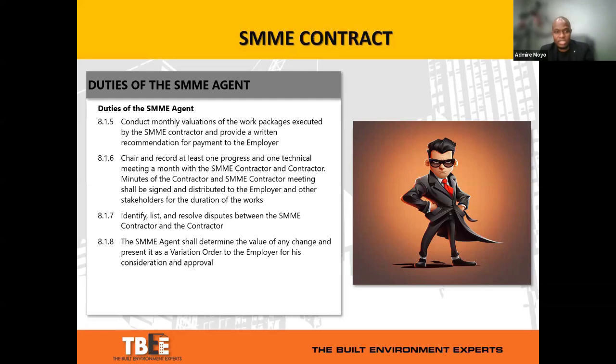The SMME agent also has to identify, list, and resolve disputes between the SMME contractor and the contractor on an ongoing basis. So to act as mediator where possible. And then the SMME agent will also determine the value of any change and present it as a variation order to the employer for consideration and approval.